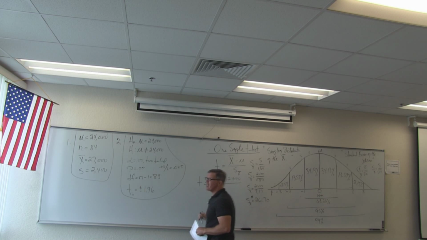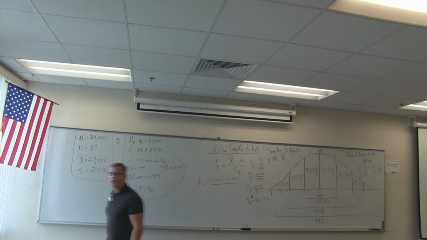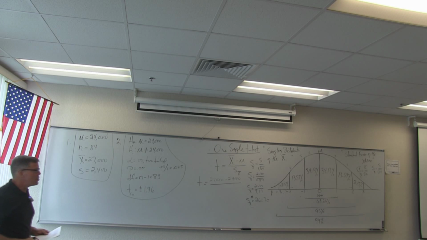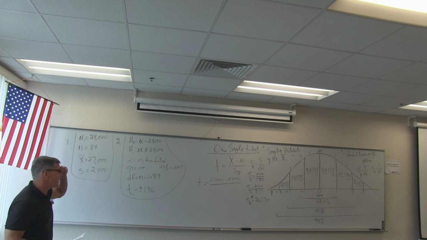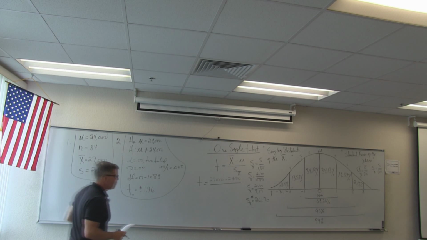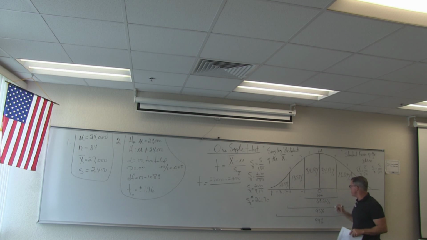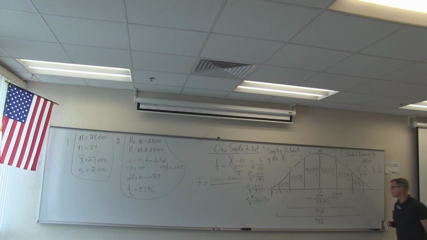Our unit of measurement is dollars, right? One t unit in this case on the sampling distribution is $261.70. So we do what we do: 24,000 plus 261.70, 24,261.70.